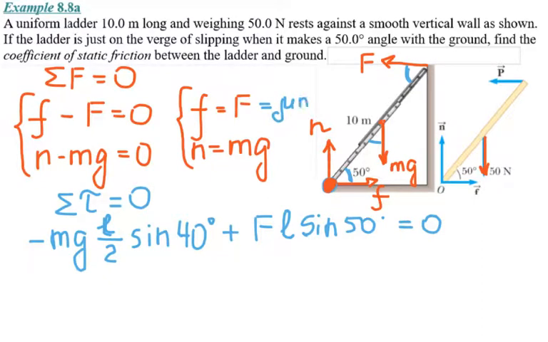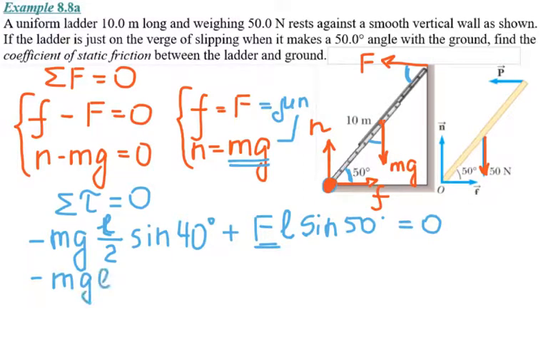And your N is equal to mg. So I can replace the force with mu times mg. And so I'm going to have negative, but let's times them all by 2 so I don't have to write fractions anymore. So I'm going to times the first term by 2, then the fraction disappears, negative mg.